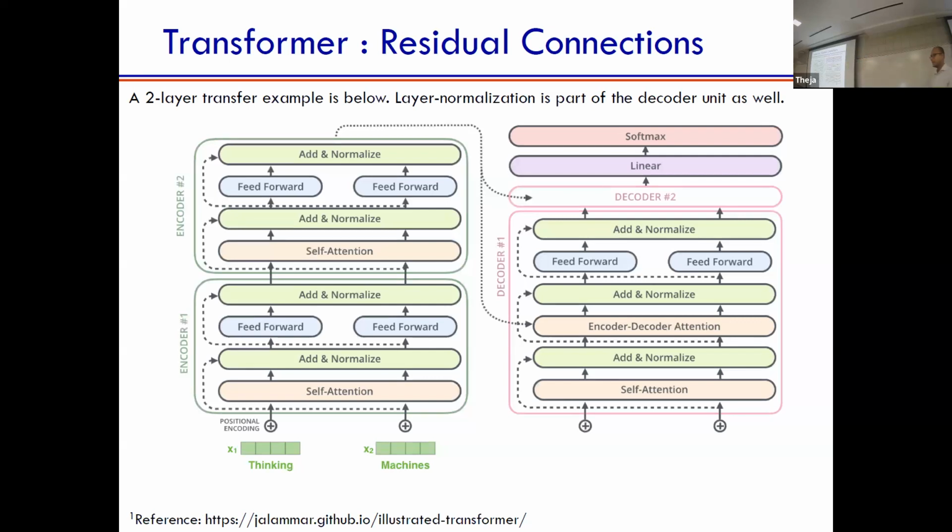Now, I think I pointed out early on that the decoder actually has one extra cell that we have not talked about, which is the encoder-decoder attention. Okay, and that actually is a critical thing. That's the one which is letting you actually decode, right? Otherwise, everything else is the same: self-attention, addition normalization, feed forward. Everything is the same in this thing.